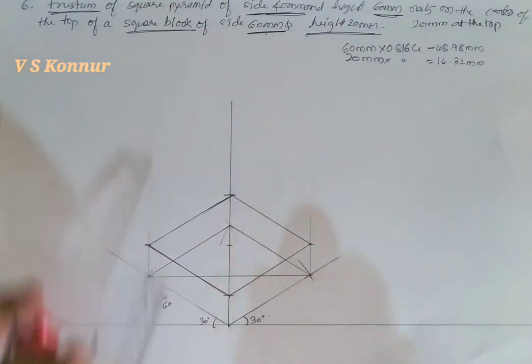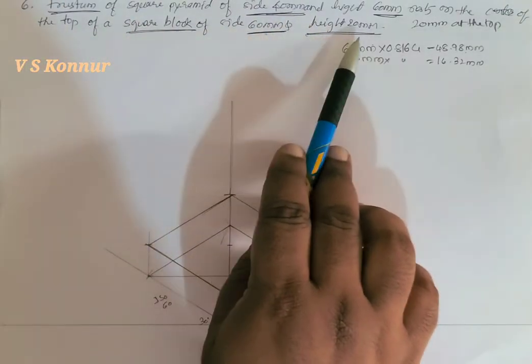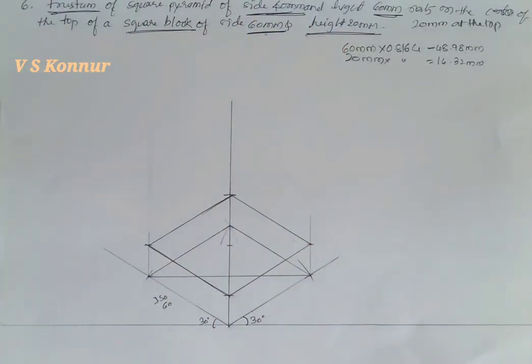Now we have drawn a square block that is 60 mm side and 20 mm height.